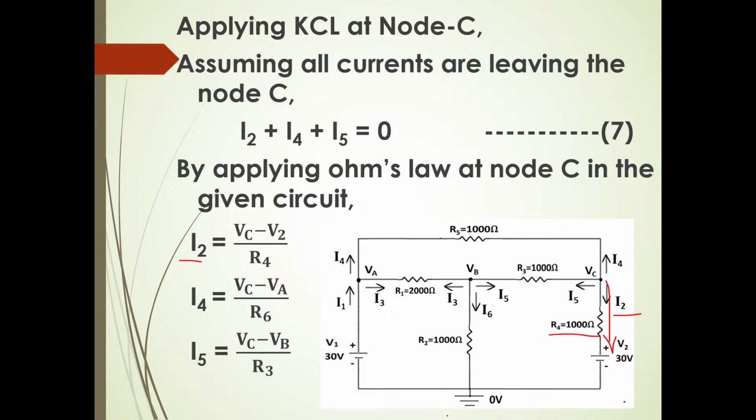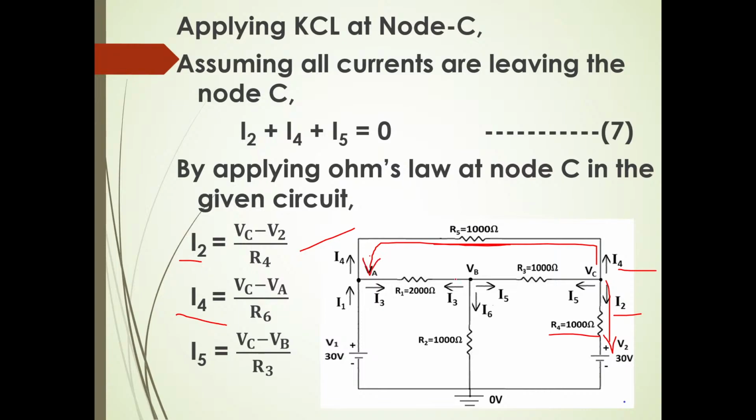It is R4 resistor. Okay. So, what is I2? VC minus V2 by R4. Similarly, I4. So, what is I4? I4 is the current that is traveling from VC to VA.